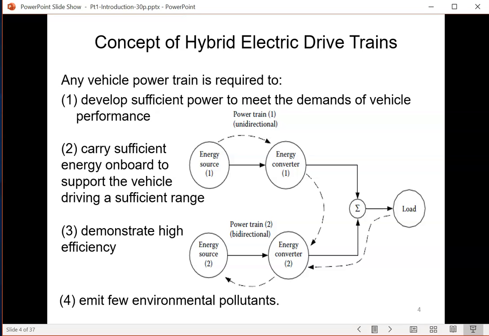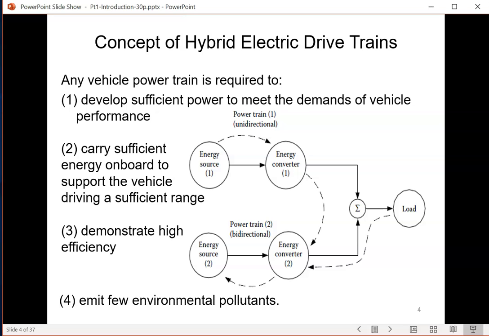So you need some kind of storage systems to store sufficient energy on board, so it covers a reasonably good range. And you don't want the car to stop just 5 miles from your home. You want to go from point A to point B, and that takes energy.